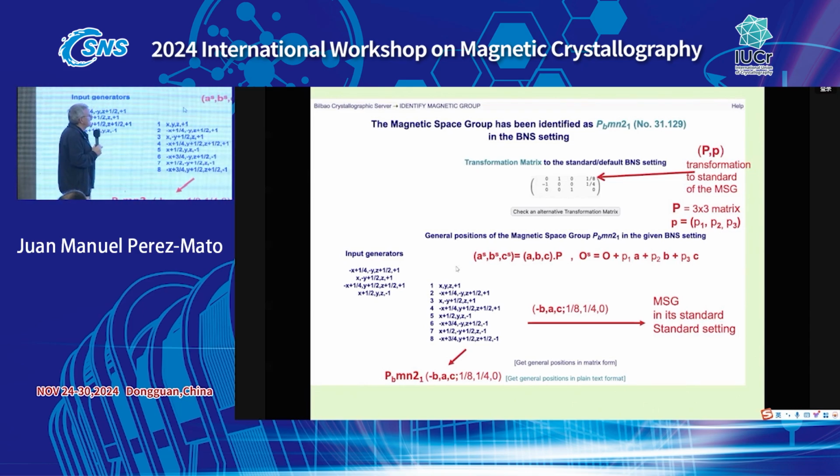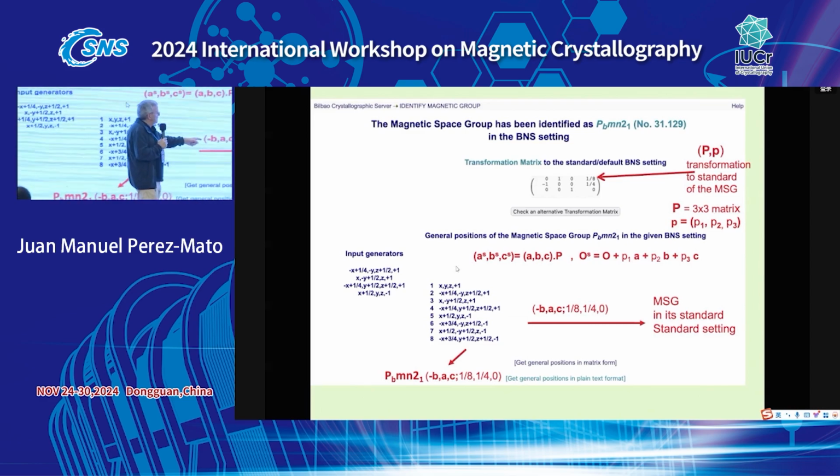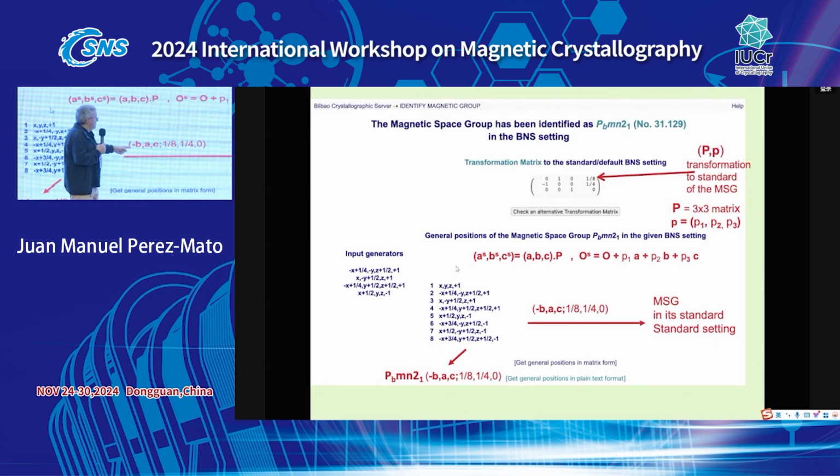And what does it mean, in a standard form? It means that these are the operations that you are using, and you see here, for instance, there is 1/4. 1/4 normally in a standard setting will not appear for something which is, in this case, orthorhombic. And this will disappear by this transformation, which you can put in this way, or even much shorter, just if you put this as minus B, A, C. So this is the new unit cell interchanging the cell parameters, and then this is the translation of the origin.